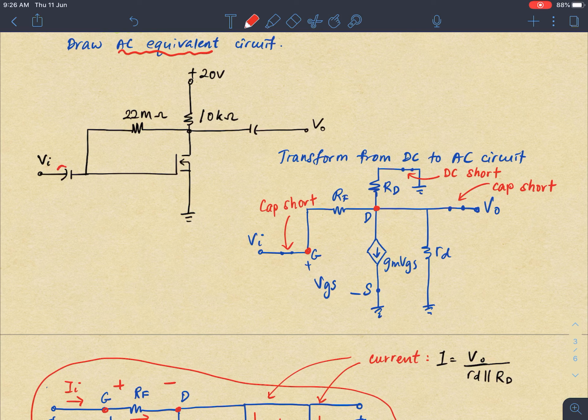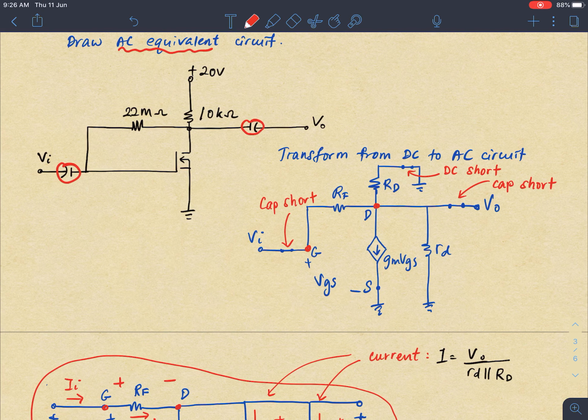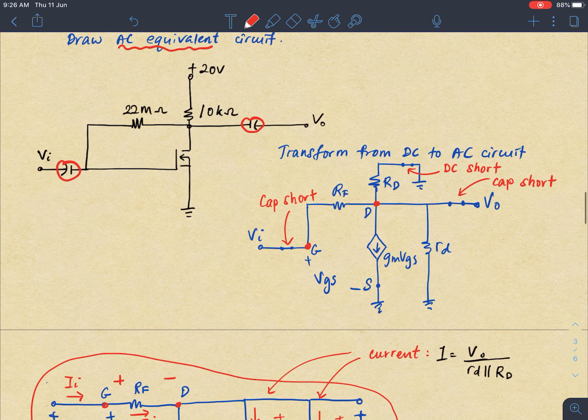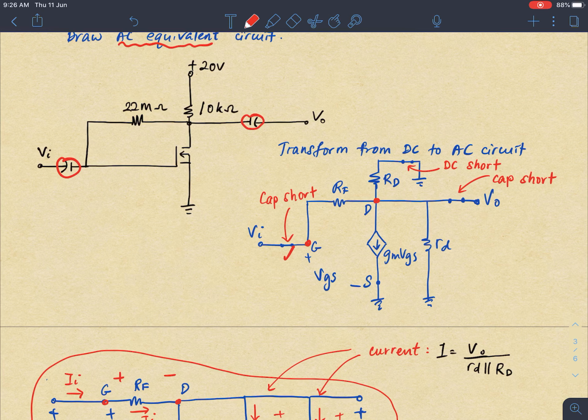We have this capacitor and the output capacitor. Two capacitors. In AC, these two capacitors become short.